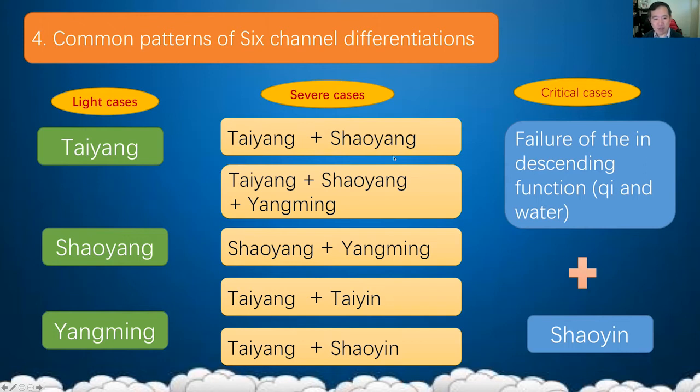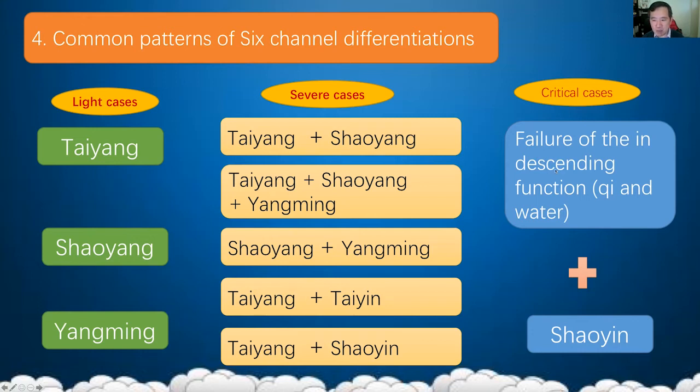Why? Because at this moment, there is still yang channel involvement, but mostly at the critical cases, Taiyang we don't see, Yangming we don't see, Shaoyang we don't see. We see a lot of cases with the Shaoyin stage, which means that the yang of the heart and the kidney are damaged.